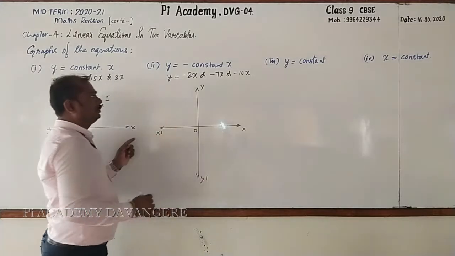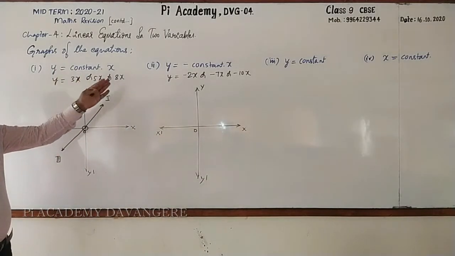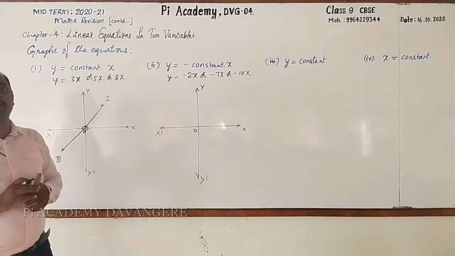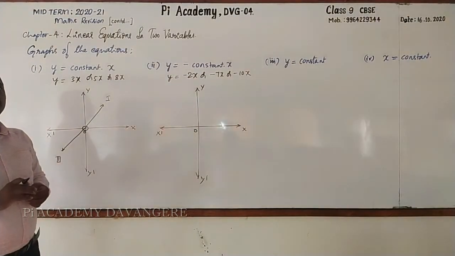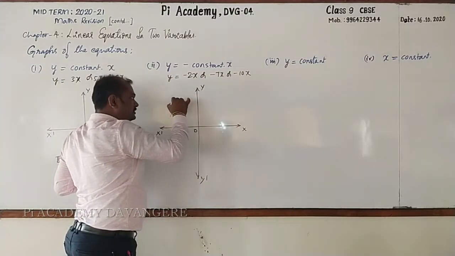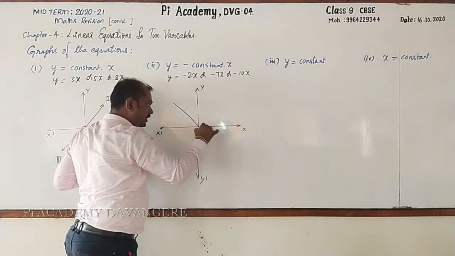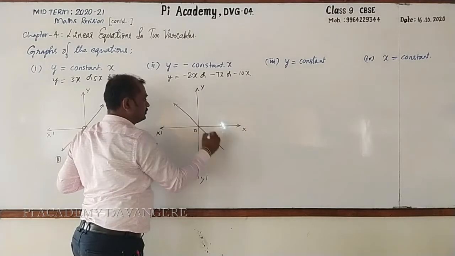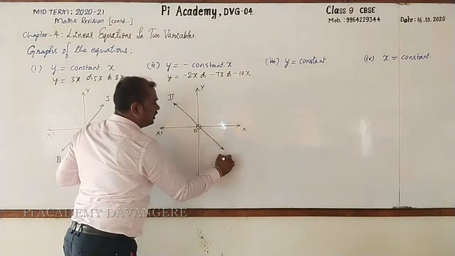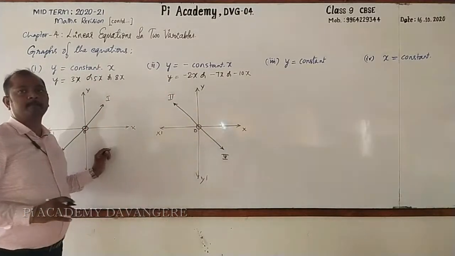I have already told you the graph of y equal to constant into x, it may be positive or negative. It passes through the origin, but the quadrants will be different. If it is minus constant into x, it passes through the second and fourth quadrants. See that this is the second quadrant and this the fourth quadrant.